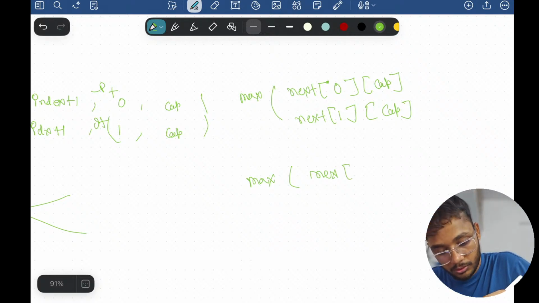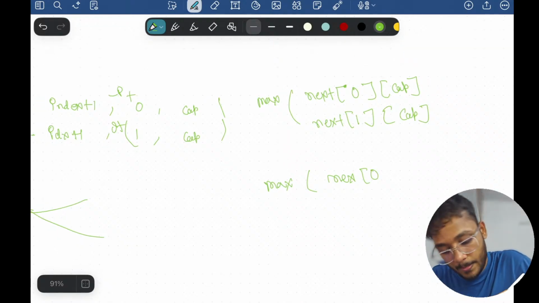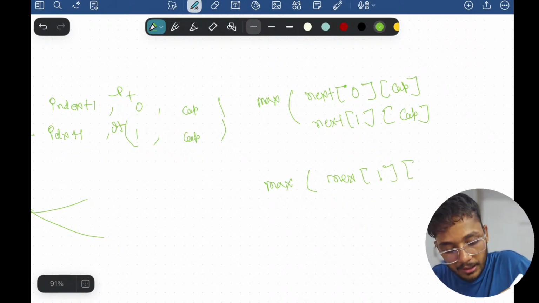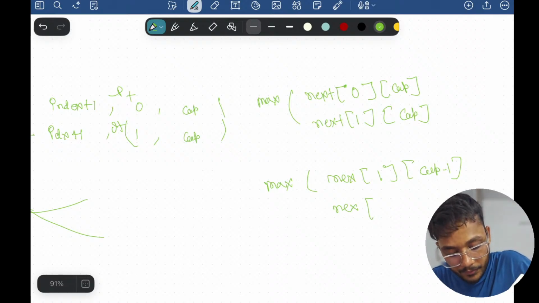Okay, so 0. If you are selling, then you have the option next, you will check buy, and capacity, cap minus 1. Okay, next, if you are not selling, then it will be 0 only, you can still sell, and capacity will remain capacity, because you haven't made any change.